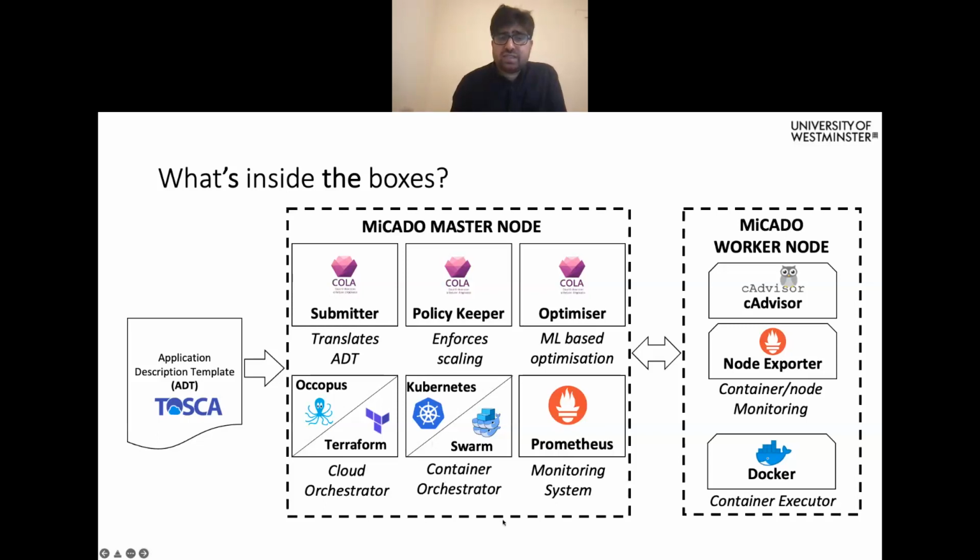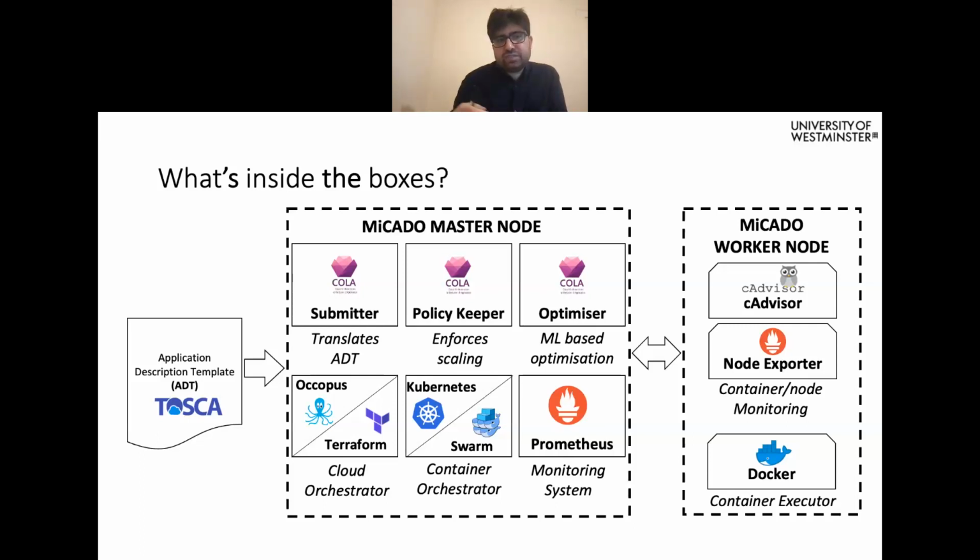And for the container orchestrators, we had initially integrated Swarm as a container orchestration tool, and later on we replaced it with Kubernetes. So now we have support for both container orchestration systems. Once the resources are created, we manage the container orchestration using the functionalities provided by these tools.